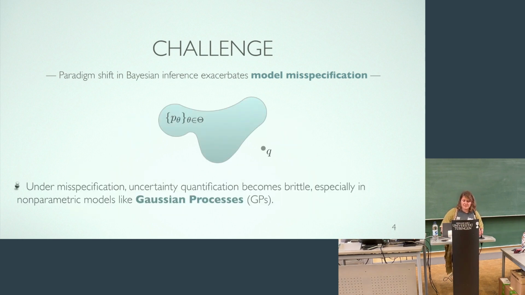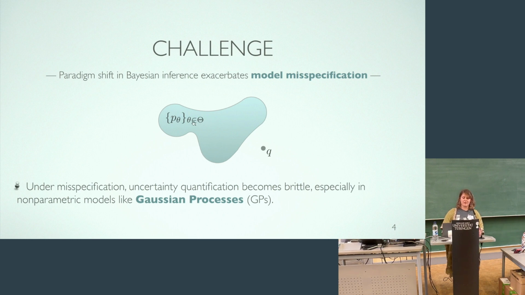Under this shift in the scenario in which Bayesian inference is applied, model misspecification becomes more of a problem. By model misspecification, I mean this scenario right here, where I'm fitting a family of models p theta for some family of parameters theta, and my true data generating distribution q is over here.